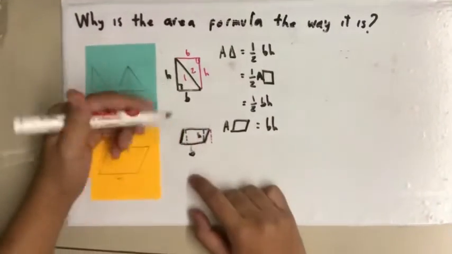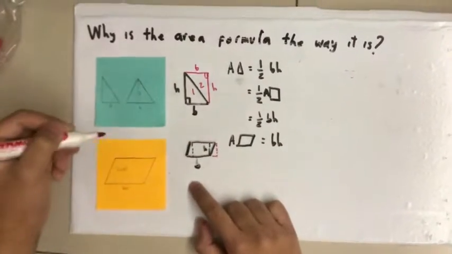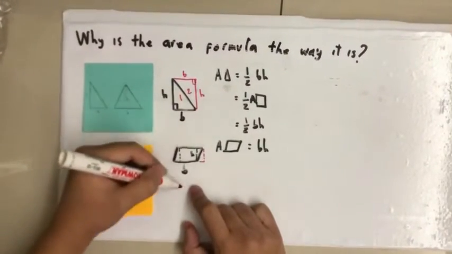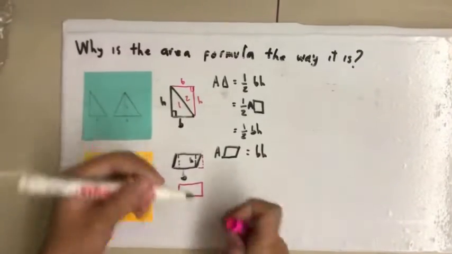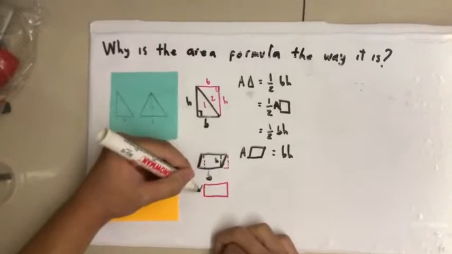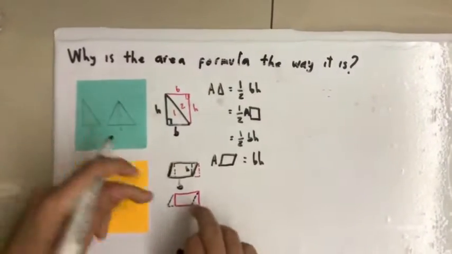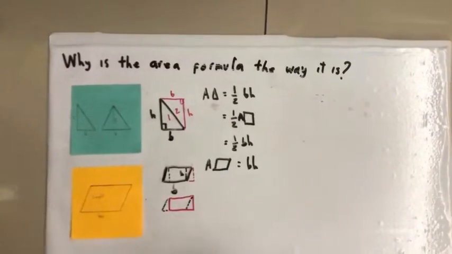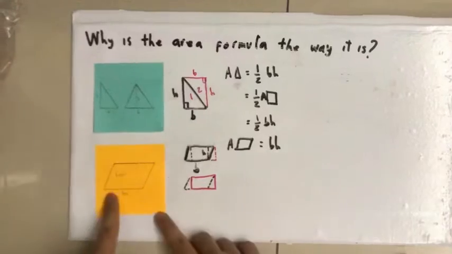And this length right here will just move right here, and that makes this a rectangle. This was the previous part, we just move it here, which makes it base times height. And that's the formula for the parallelogram.